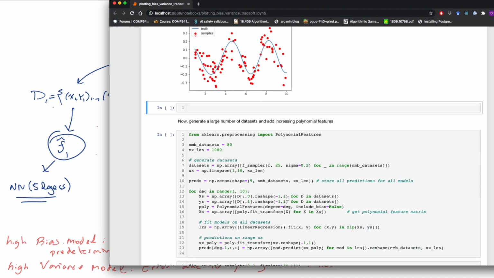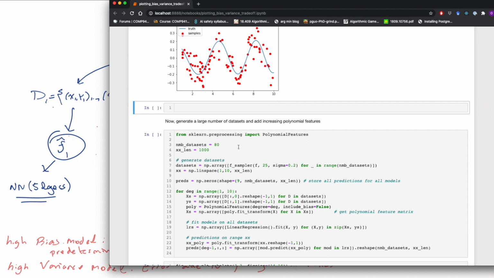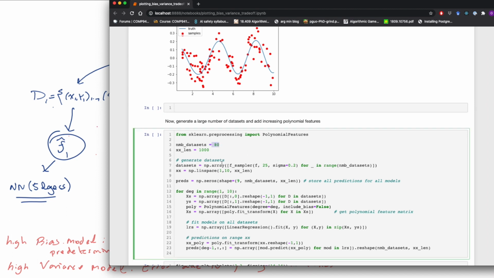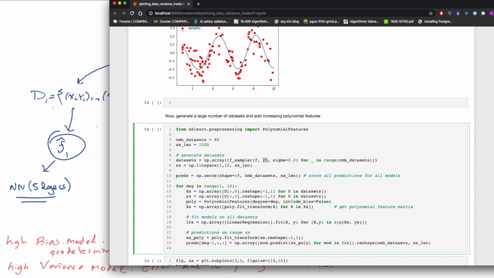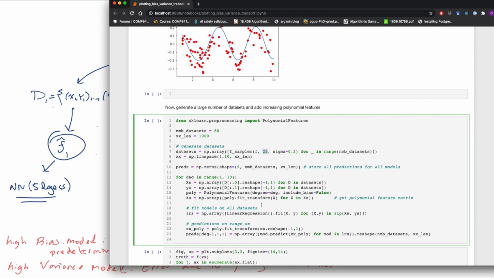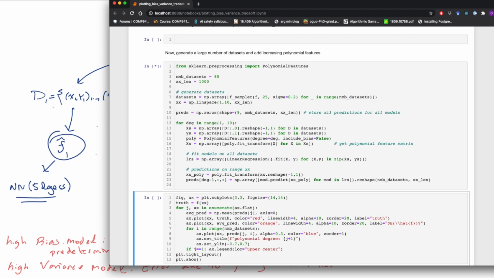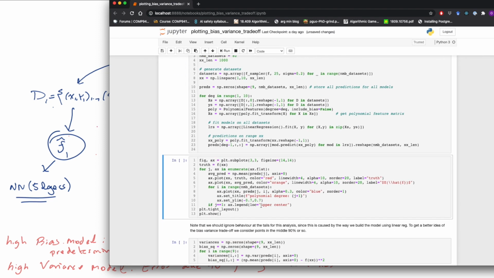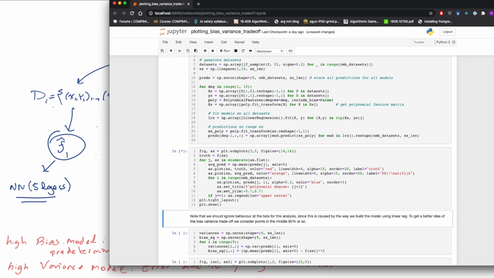And now I want to generate 80 data sets, and for each data set, I'm going to have 25 points. And what I'm going to do is actually build a linear regression model with polynomial features starting off at 1 and going all the way up to 9. So I'm going to have to the power of 1, to the power of 2, to the power of 3. And I want to basically see what happens as I increase the complexity. So let's plot it out.